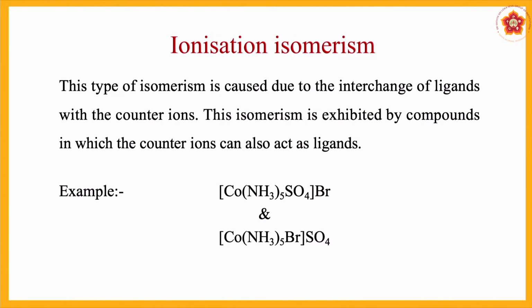The third type is ionization isomerism. When I try to ionize these compounds, we get different ions. In the first case I got Br minus, in the second case I got SO4 2 minus. It is the type of isomerism caused by interchange of ligands with the counter ions. Basically, the counter ions given out are different in this case.